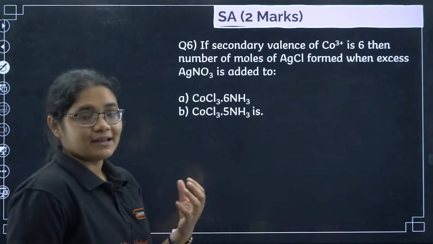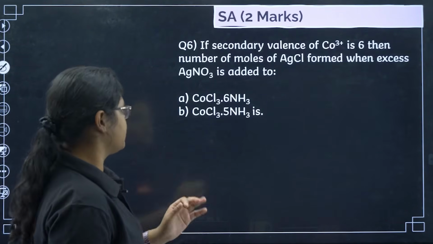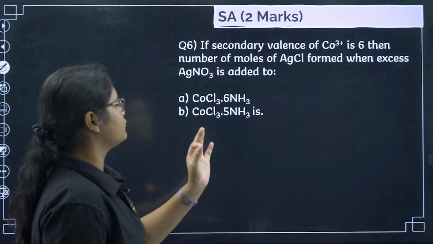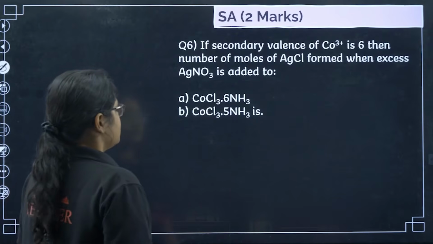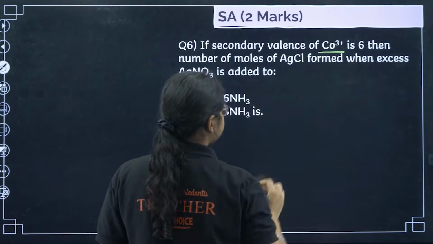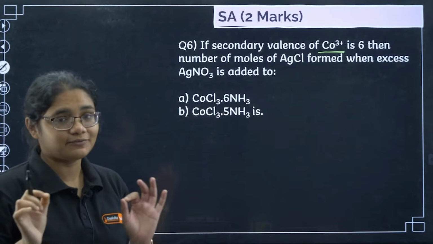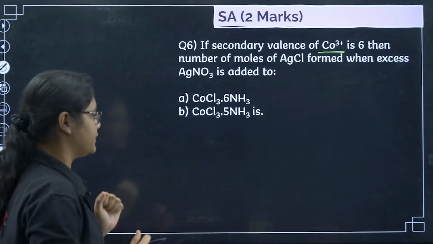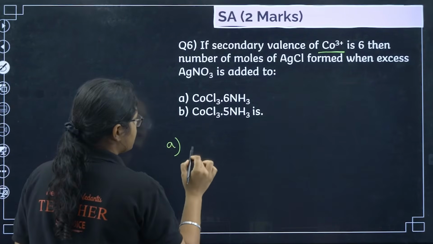Next, if the secondary valency of Co3+ is 6, then what is the number of moles of AgCl formed when excess AgNO3 is added? You need to know that cobalt has a secondary valency of 6, so a coordination number of 6, so it will form 6 bonds. So what can be the product here?